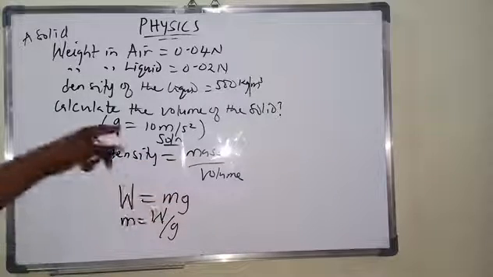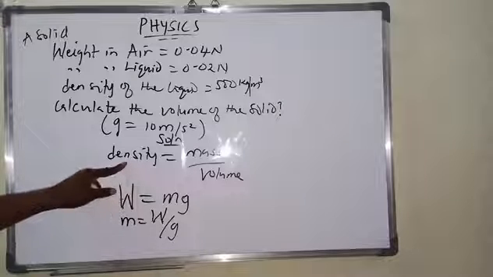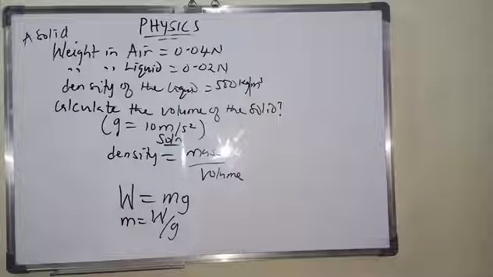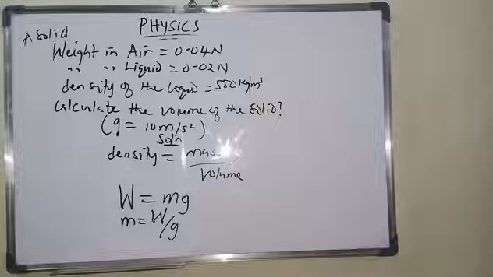But we do not know the density of the solid. The density we have here is for the liquid, while the information on the weight is that of the solid. So if this is the case, how then do we go about it?